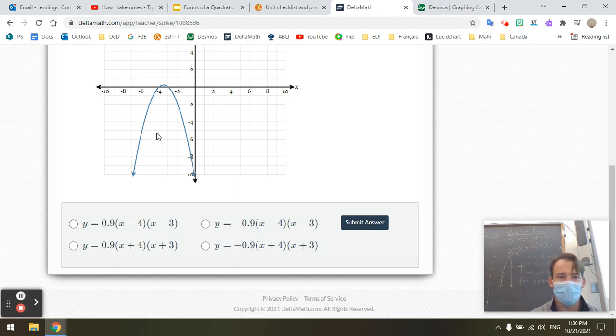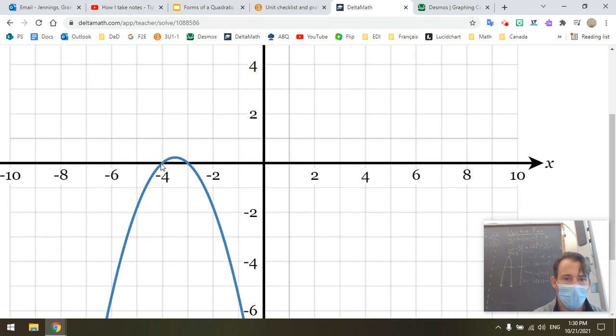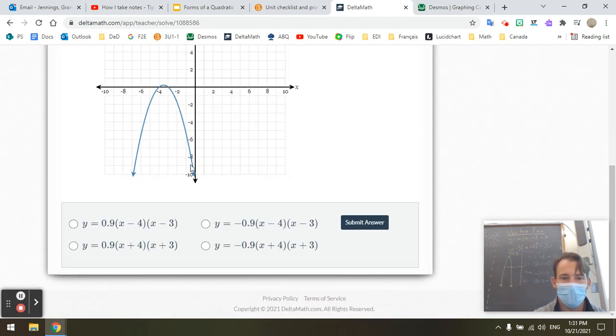The factored form shows me the roots. I see a root there at -4 and a root there at -3. So I'm actually looking for this one, +4, +3, because I remember that I have to flip these numbers.